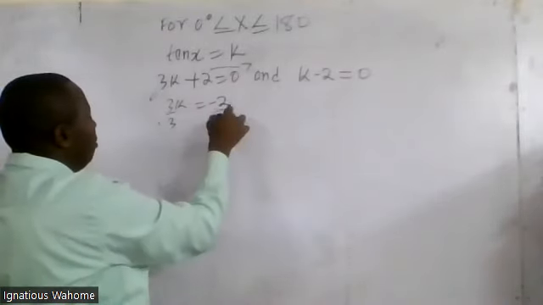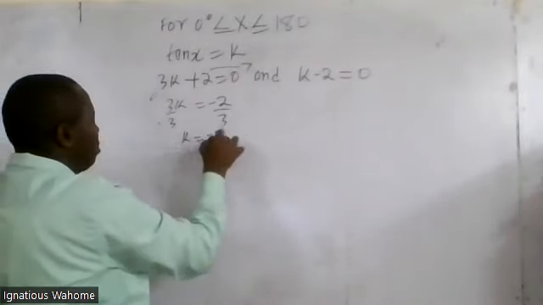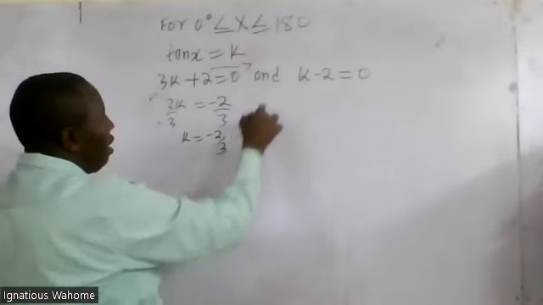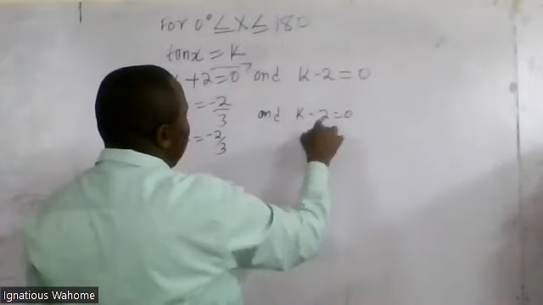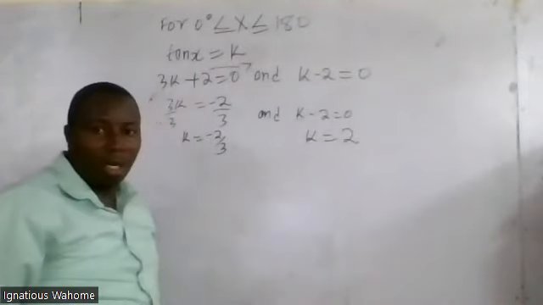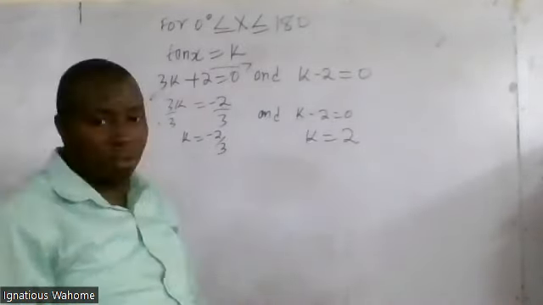Divide by 3, so our k is equal to minus 2 over 3. And k minus 2 equals 0, so our k is equal to 2.